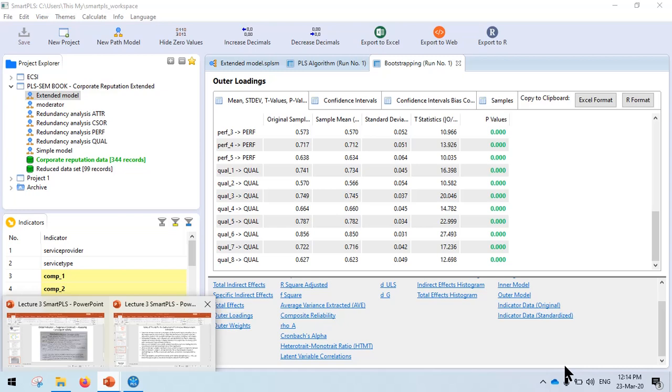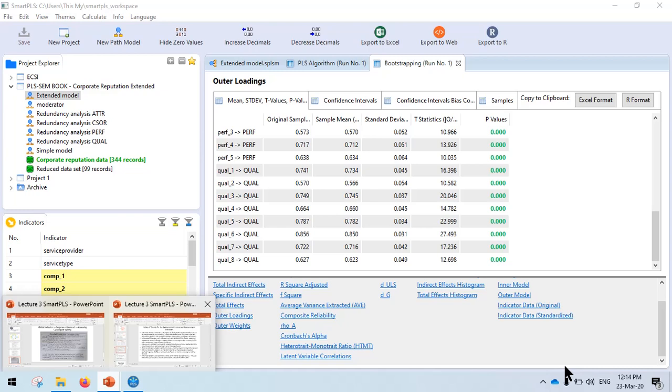Collinearity of the indicators: each indicator VIF value should be lower than 5, otherwise consider eliminating indicators or merging indicators into one single index or creating higher order constructs to treat the collinearity problem.